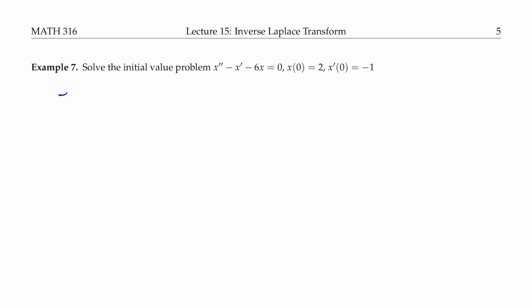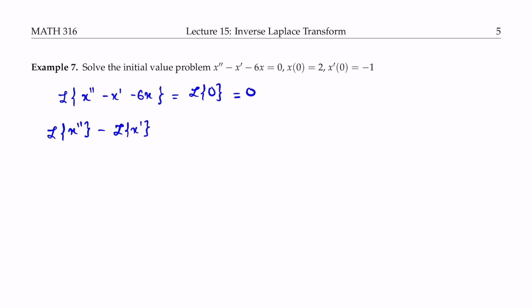So the Laplace transform of this differential equation is going to be that the right hand side is equal to 0. For the left hand side, you apply the linear properties of Laplace transform to rewrite the expression. So Laplace transform of x double prime minus Laplace transform of x prime minus 6 times Laplace transform of x equal to 0.